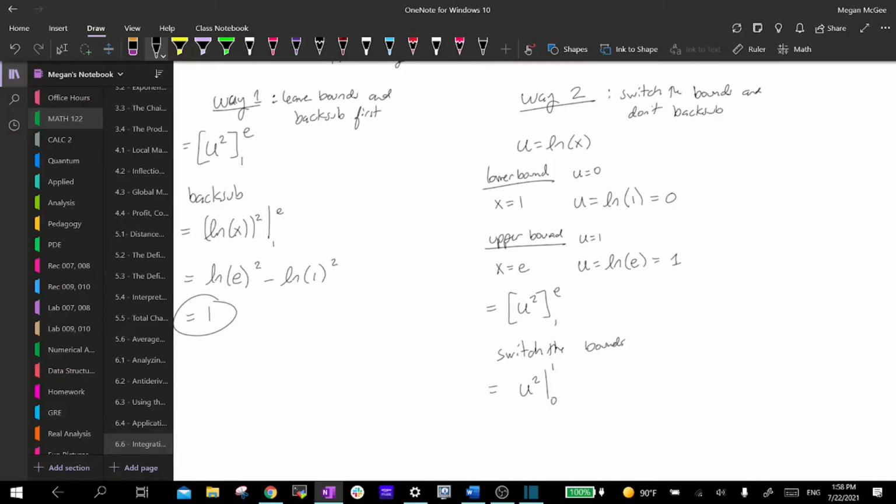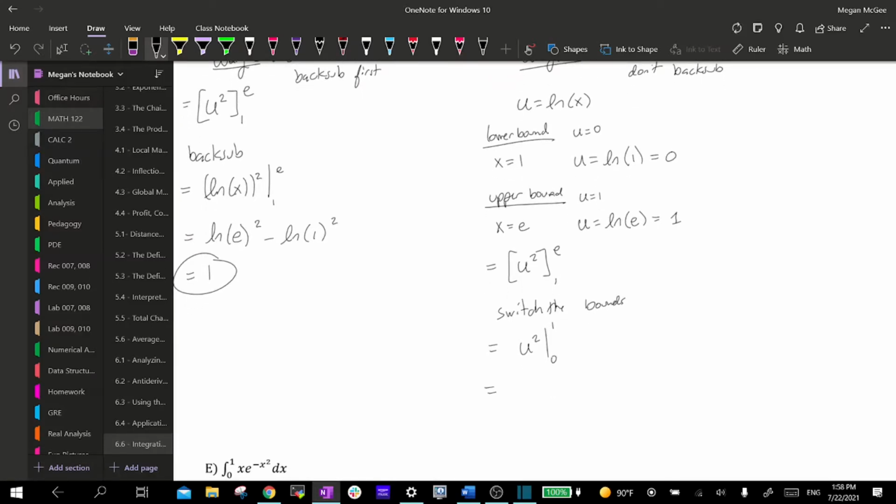These are now the bounds for u instead of the bounds for x. So we can plug them directly in, and we can get 1 squared minus 0 squared, which is 1. All right, so we see that both ways give us the same answer.